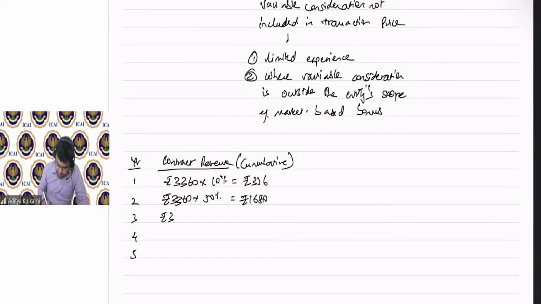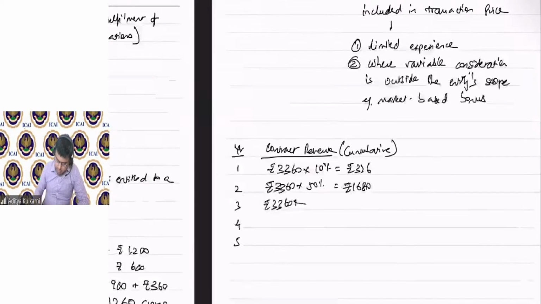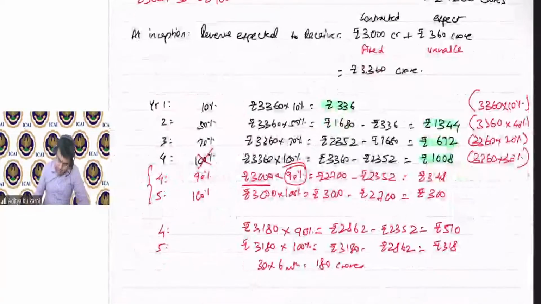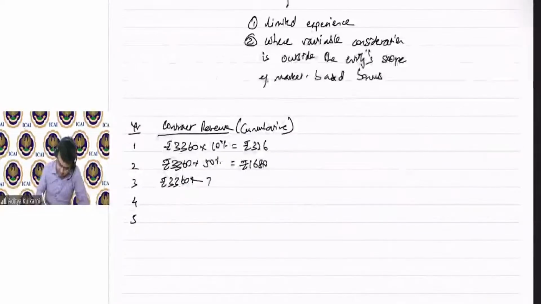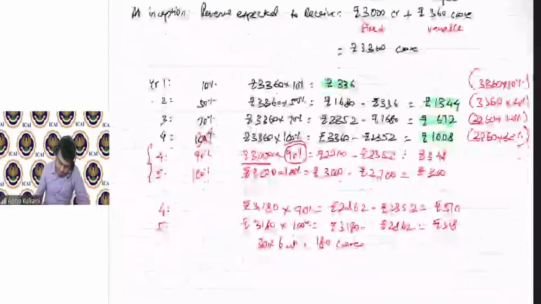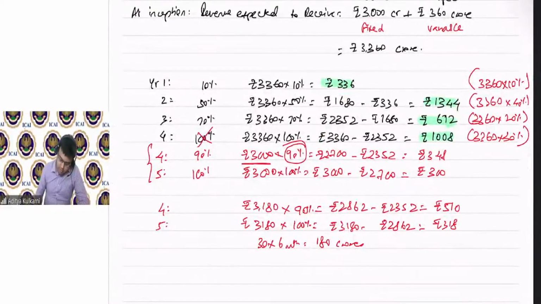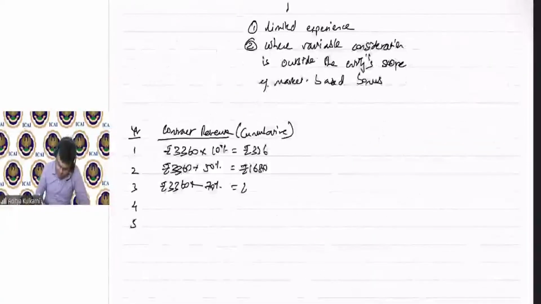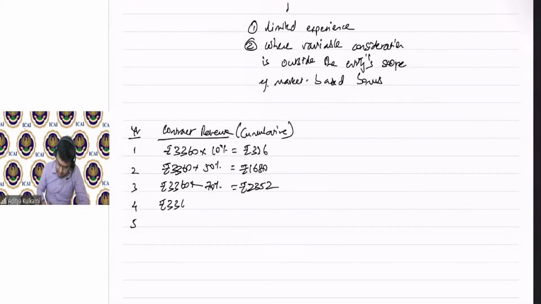Cumulative. 3,360 into 70%. So that gives you 2,352. And then 3,360 into 100%, 3,360.